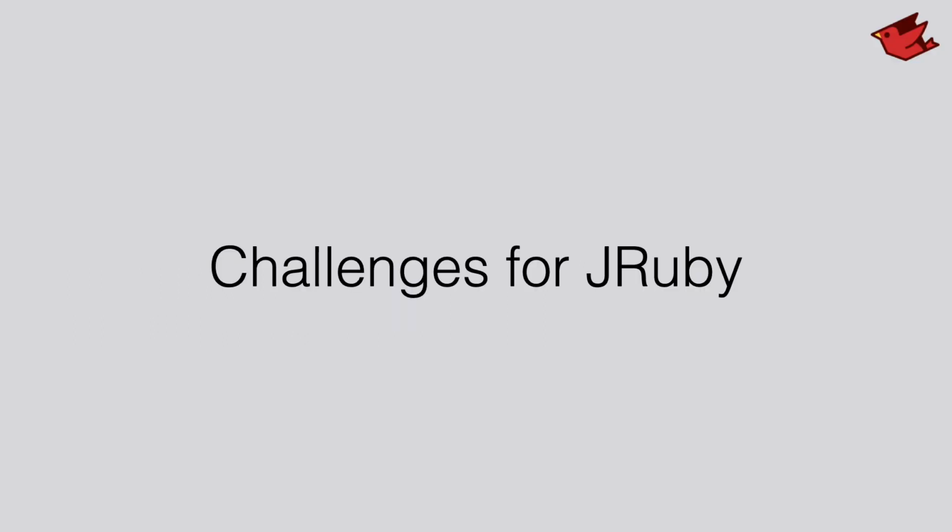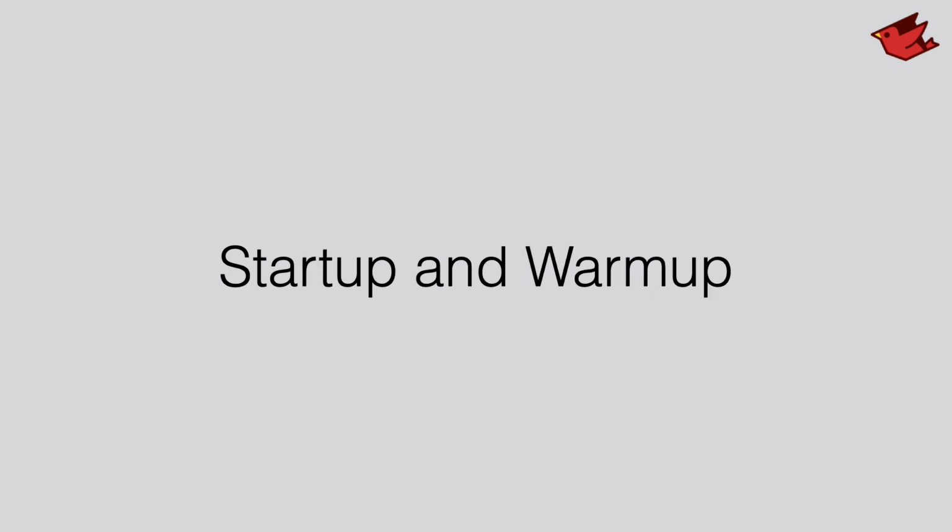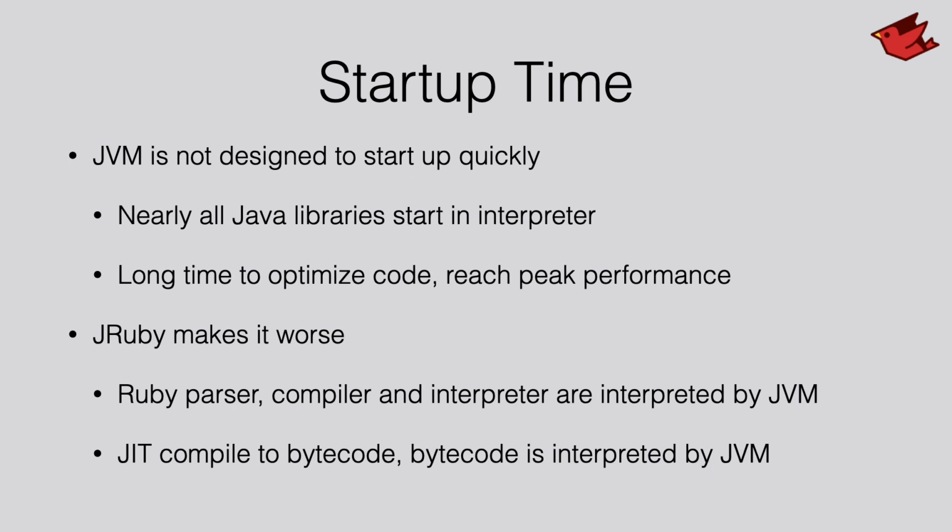So now it's not all wine and roses here for JRuby. There are challenges along the way. One of the biggest ones is, like I mentioned before, startup time and warm-up time for applications. So let's talk about startup first. The JVM is an amazing runtime, but it's just not designed to start up quickly. Almost all of the core Java libraries start out interpreted.